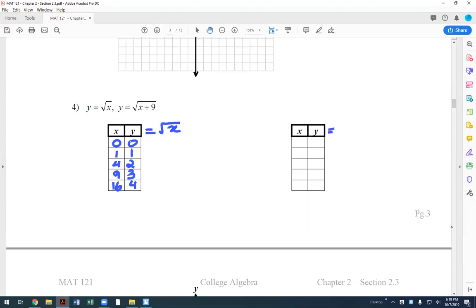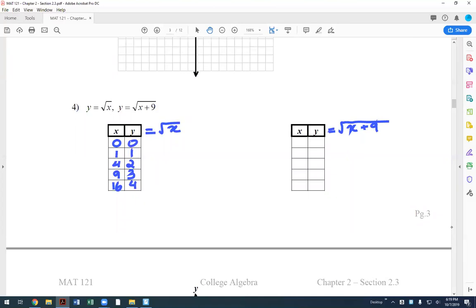Alrighty. For our y equals square root of x plus 9, what x values can I use? So again, remember, we cannot have negatives in there because we're still working with the square root. But does that mean I cannot use negative x values at all? I can?